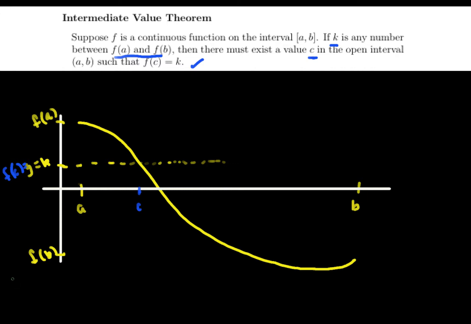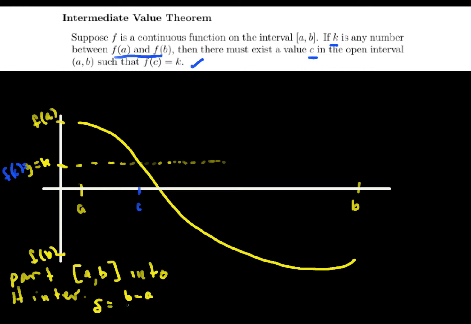So let's partition a to b into h intervals. And their lengths, delta, the length of each interval, will be b minus a over h. That's how long each of my intervals will be.